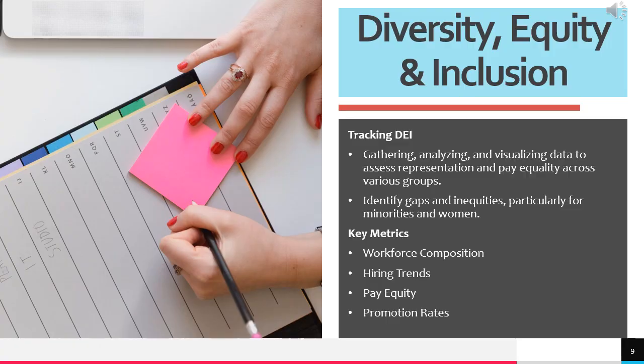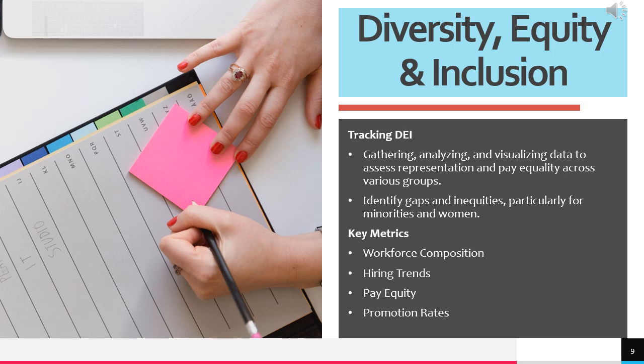Now, the last metric we want to start tracking is our diversity, equity, and inclusion. This involves gathering, analyzing, and visualizing data on a company's workforce to assess representation and pay equality across various groups.